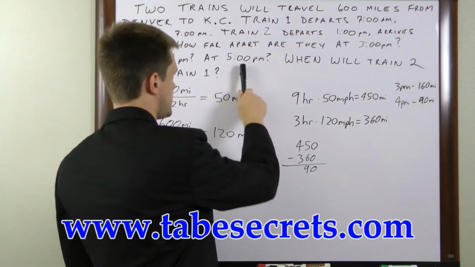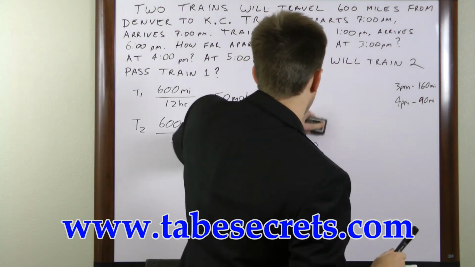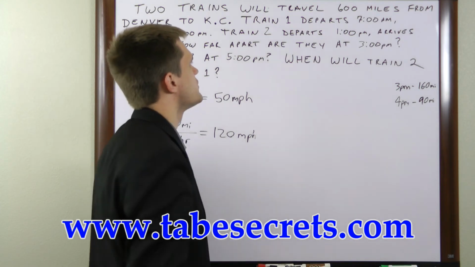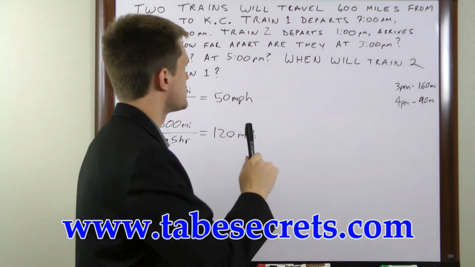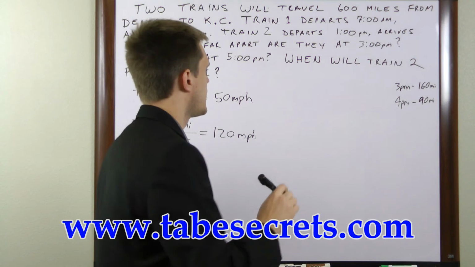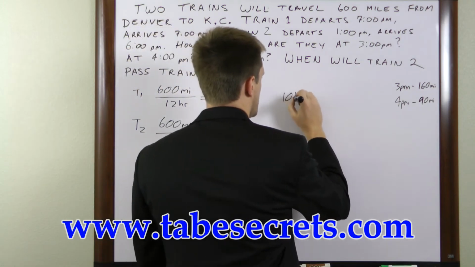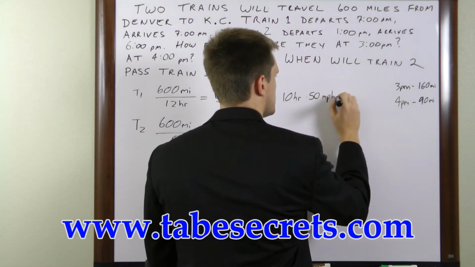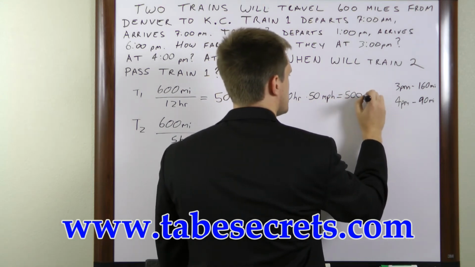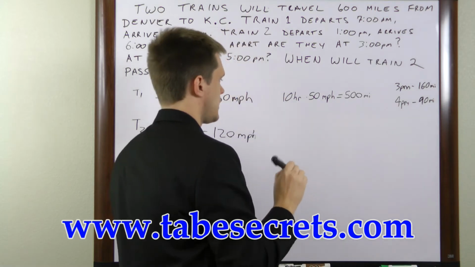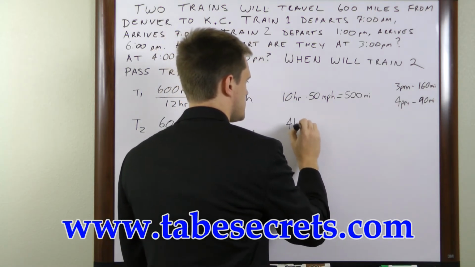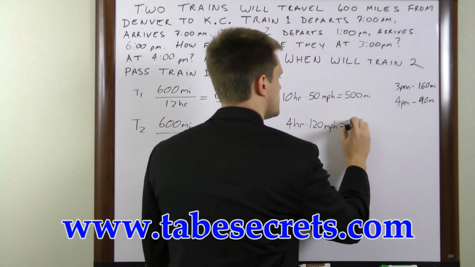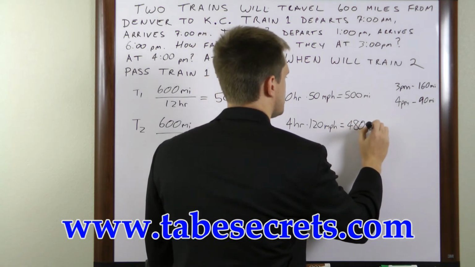And so now we just need to calculate 5 p.m. At 5 p.m., train 1 has been traveling for 10 hours, and train 2 has been traveling for 4 hours. So we have 10 hours times 50 miles per hour, which is 500 miles. And 4 hours times 120 miles per hour is 480 miles.